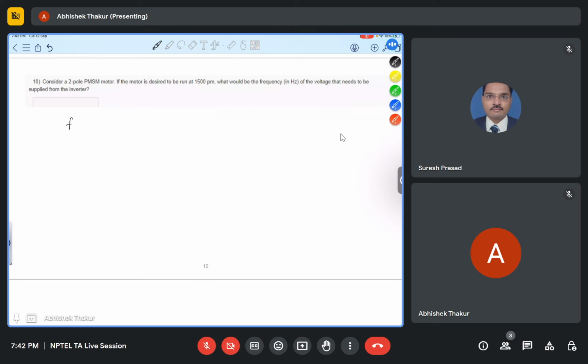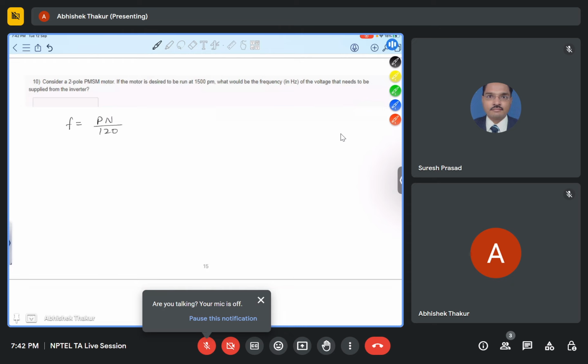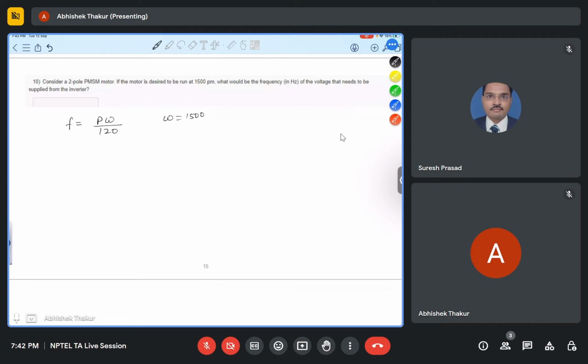We know the frequency formula: F is equal to P times N divided by 120, where P is the number of poles and N is the speed in rotations per minute. Here omega is 1500 rotations per minute, and we have to find F. P is equal to 2, so 2 times 1500 divided by 120 will become 25 hertz. So the frequency of the voltage will be 25 hertz.